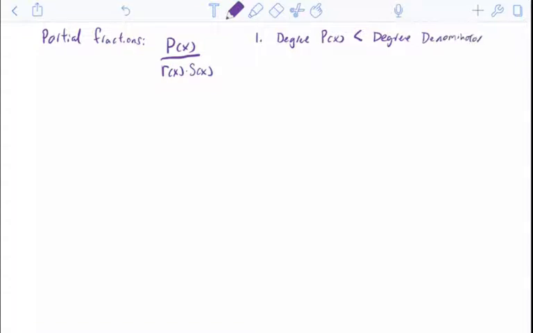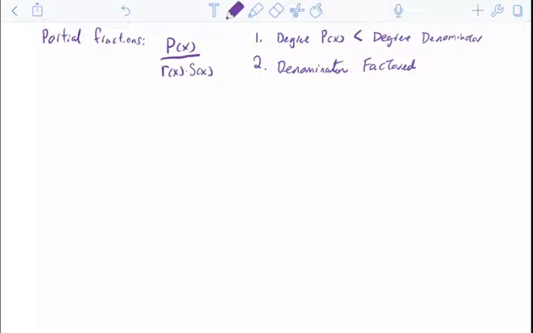Two, you want the denominator to be factored as it is, so it's written in terms of two polynomials that are multiplied together.